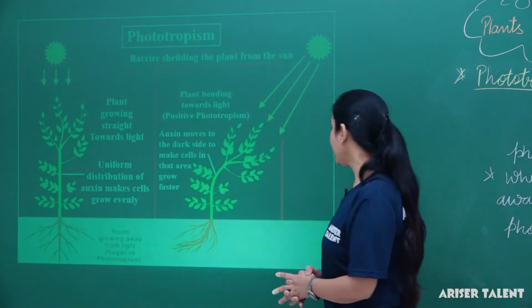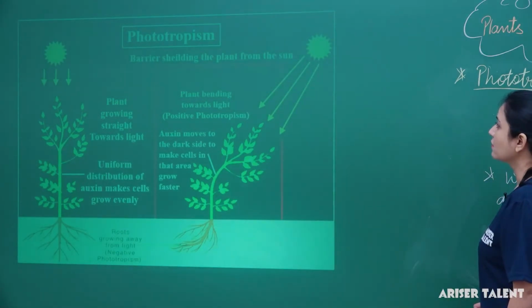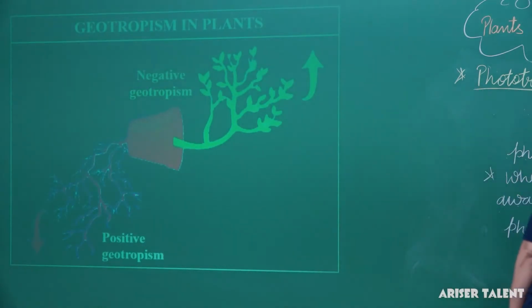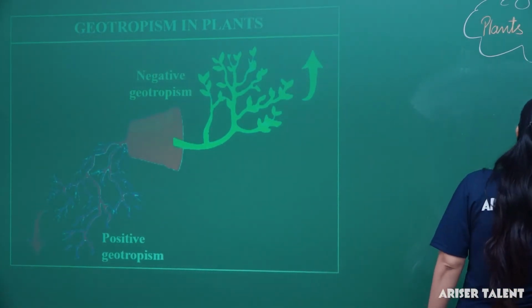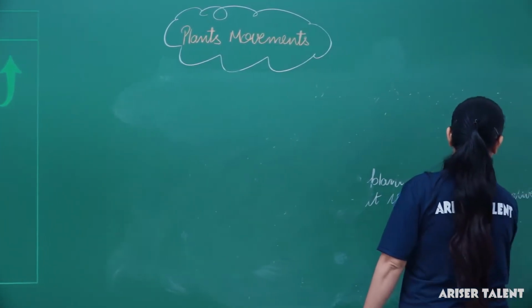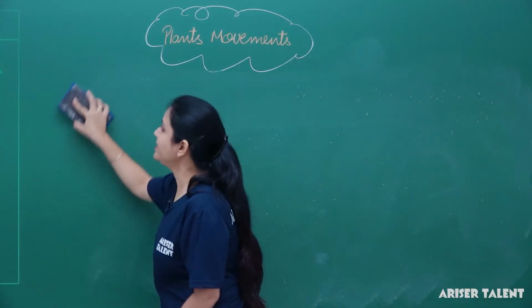Clear? Now next we will talk about geotropism. Geo means earth.